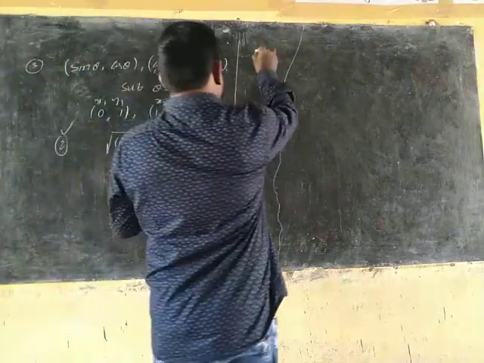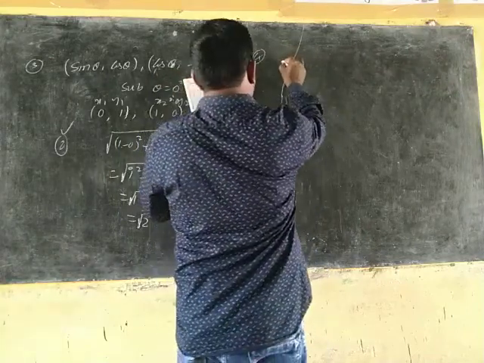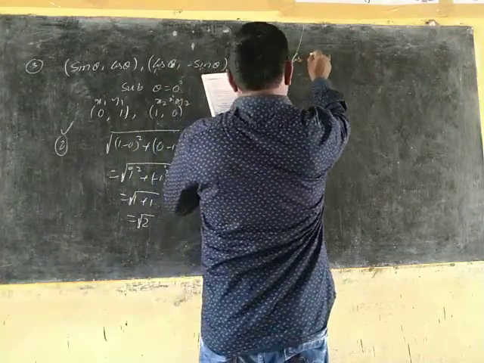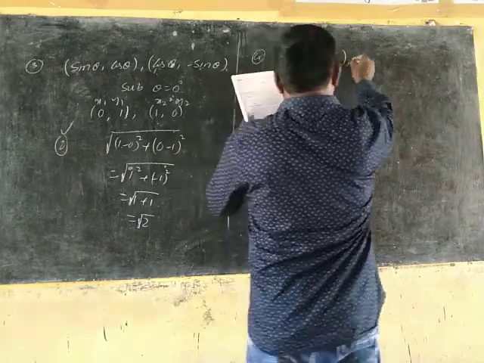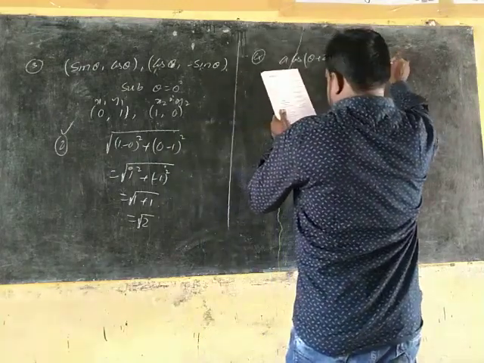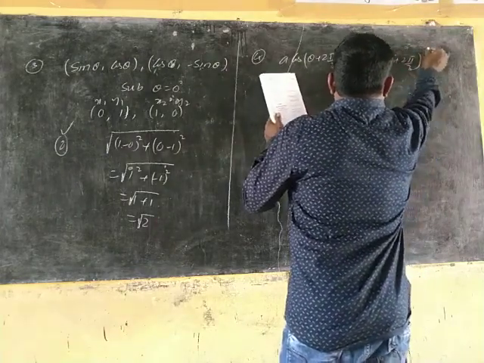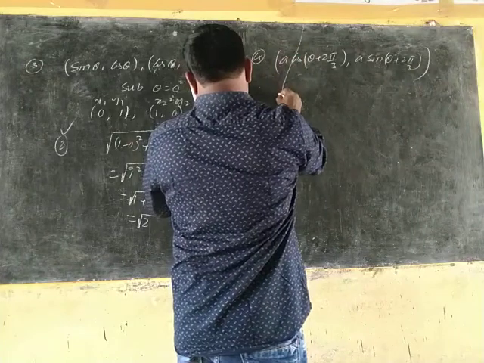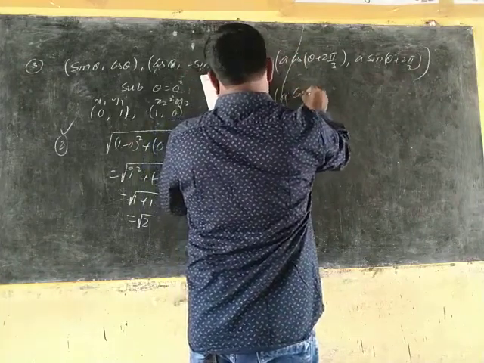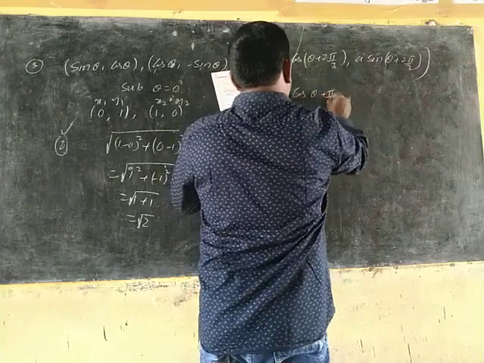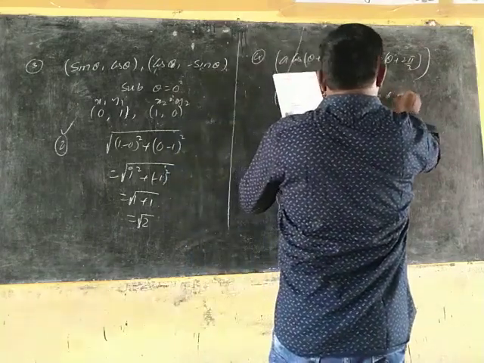Next, fourth question. Distance between the points a cos of theta plus 2 pi by 3, comma a sin of theta plus 2 pi by 3, and a cos of theta plus pi by 3, a sin of theta plus pi by 3.